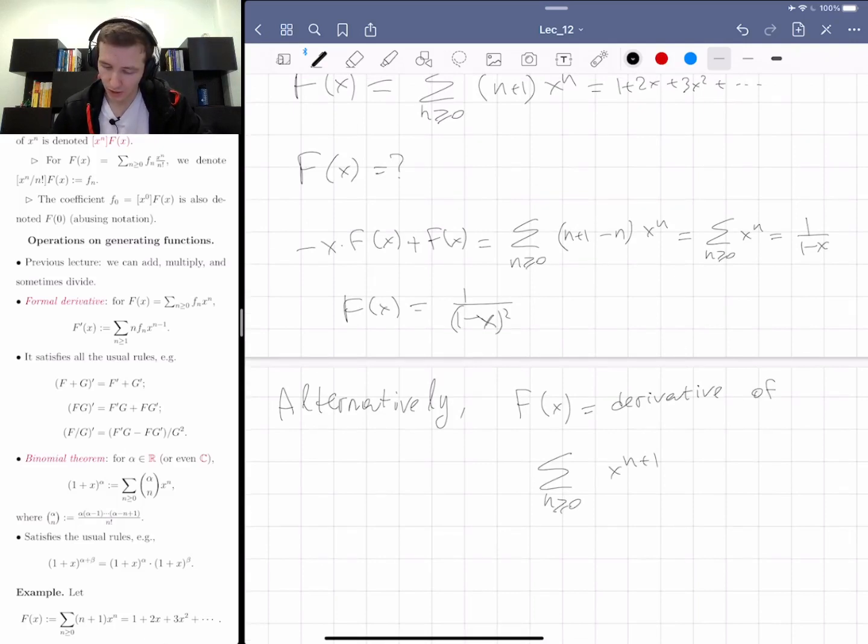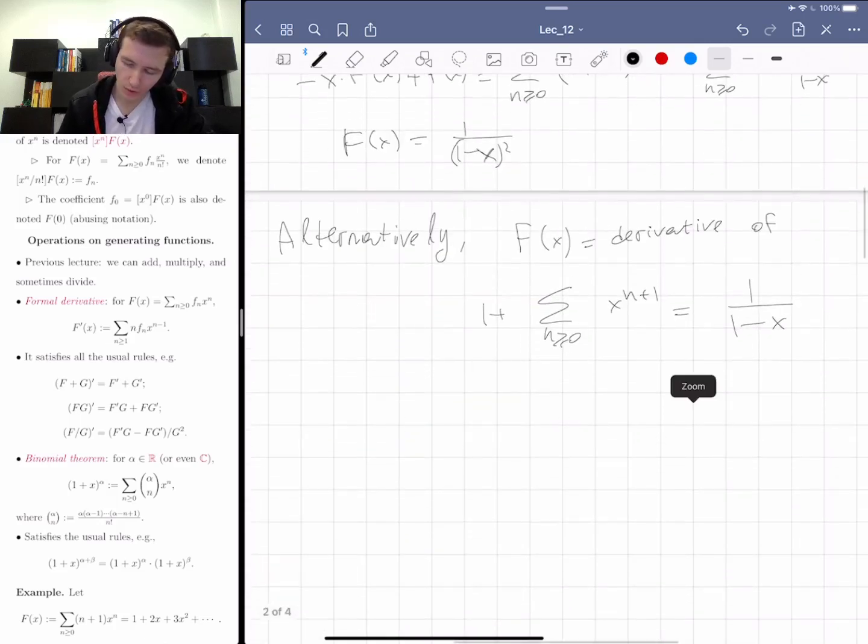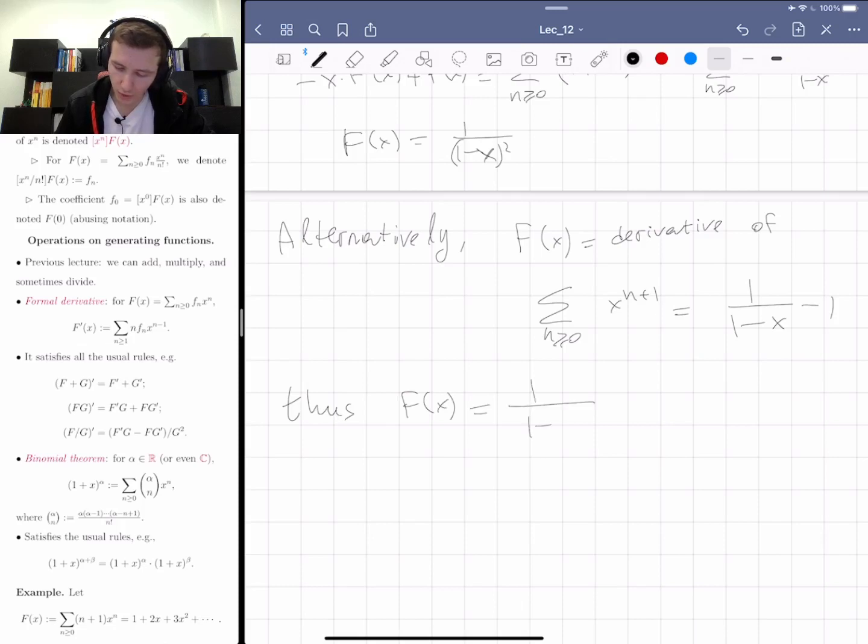If I take the derivative, then I can add any constants to it. So I can even say that it's 1 plus this sum, which is 1 over 1 minus x. Or you can say 1 over 1 minus x minus 1, because there is no constant term on the left. So now I'm allowed to take the derivative. Thus, f of x is 1 over 1 minus x squared, which is just the derivative of this.